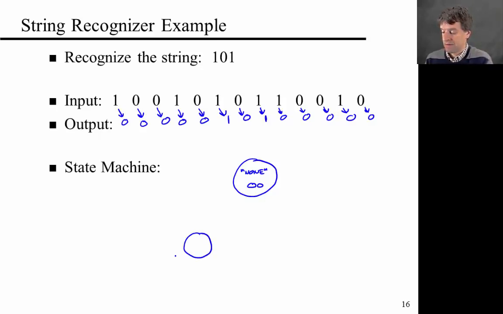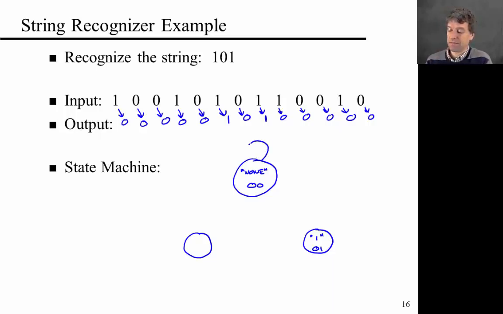Then there's another state that I'm going to call 1, which I'm encoding as 0, 1. What is that state? As long as I haven't seen any 1s, I'm in this none state. As soon as I see a 1, I go to this 1 state because 1, 0, 1 starts with a 1. That's the first interesting event.